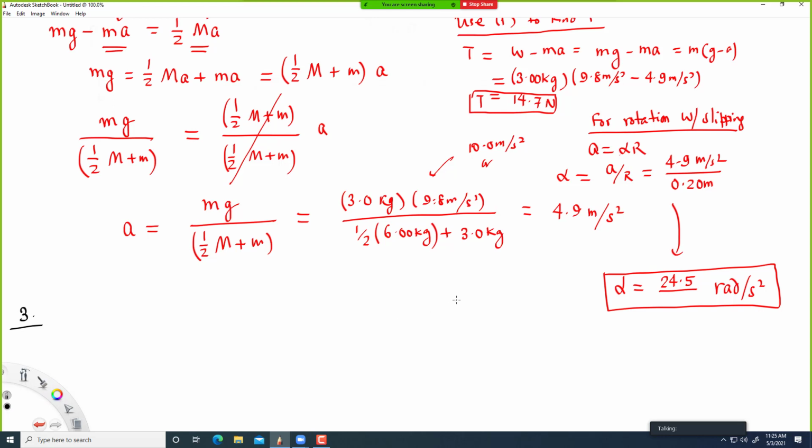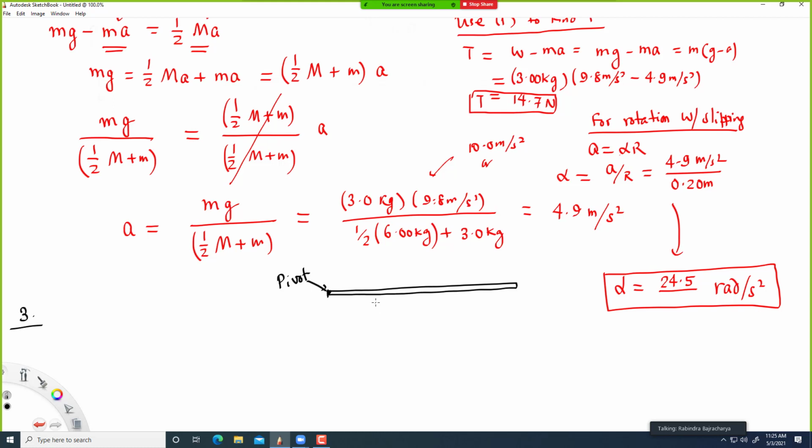So a uniform rod of length 1 meter and mass 0.2 kilogram is pivoted at one end. So that's the pivot. If it is held horizontal, like that, and released, the pivot is frictionless.